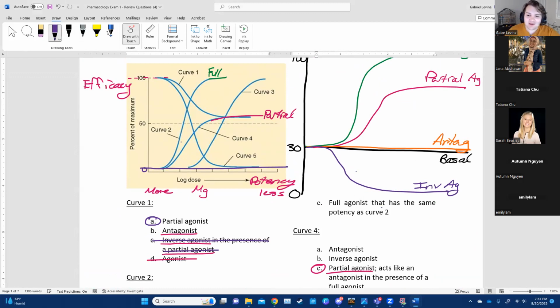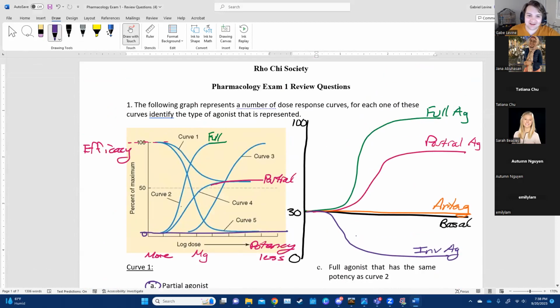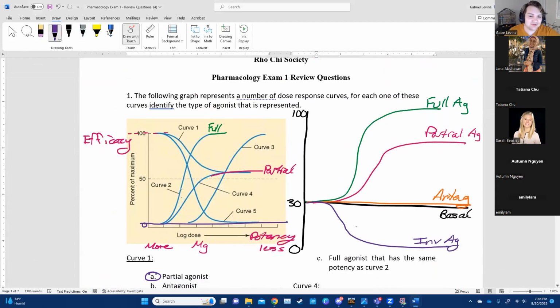But if we go by the choices that were there, we know it wouldn't be a partial agonist, because a partial agonist would bring it to a partial response, right? There's also no such thing as a partial antagonist. There are a couple of drugs that do have that ability, like partial antagonism, but you are not responsible for that. So partial antagonism is not a thing, which would mean that inverse agonist is the only viable option.